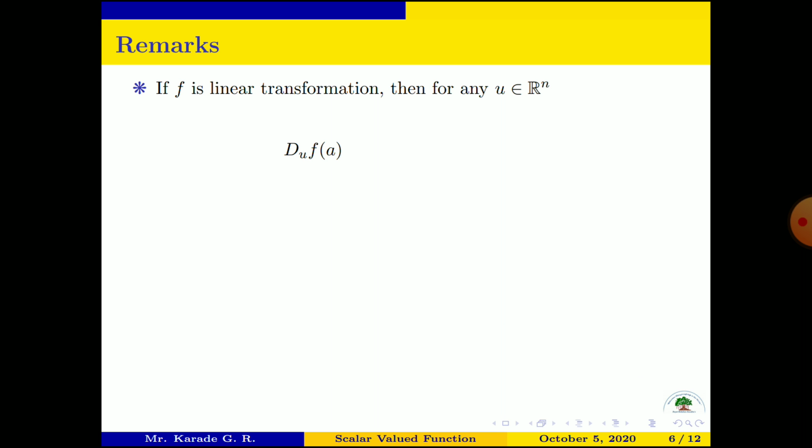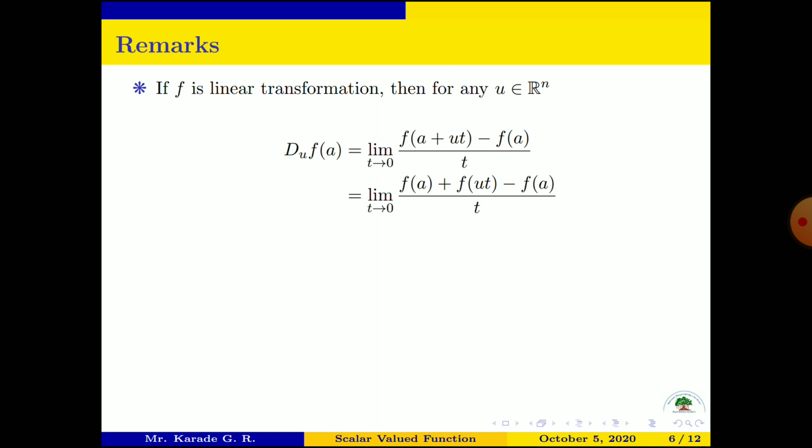The directional derivative of linear transformation f at point a in the direction of u is equal to limit t tends to 0 of f of a plus ut minus f of a divided by t. It is the definition of directional derivative, and as f is a linear transformation, f of a plus ut becomes f of a plus f of ut minus f of a.